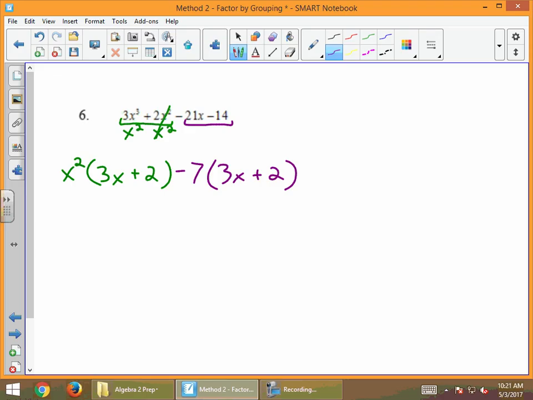Done. Last step, and some of you still forget the step, and sometimes make careless errors. Copy the duplicates. Duplicate of 3x plus 2. Copy the leftovers, things outside. X squared minus 7.